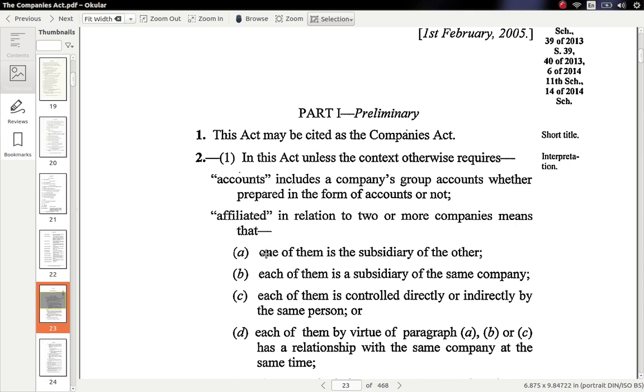Alright, so affiliated company. Two companies are affiliated if one is a subsidiary of the other. If each of them is a subsidiary of the same company, C, that's A, B, C, if each of them is controlled directly or indirectly by the same person, or D, if each of them, by virtue of paragraph A, B, or C, has a relationship with the same company at the same time.